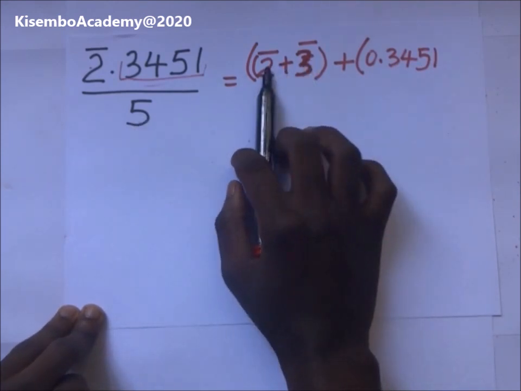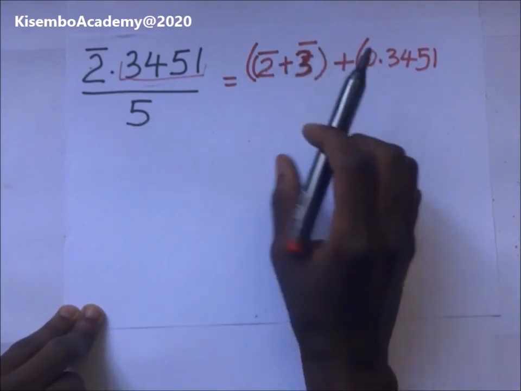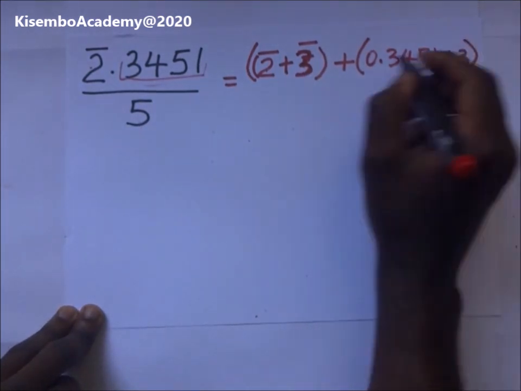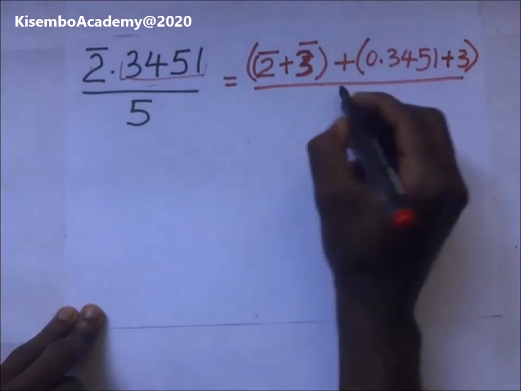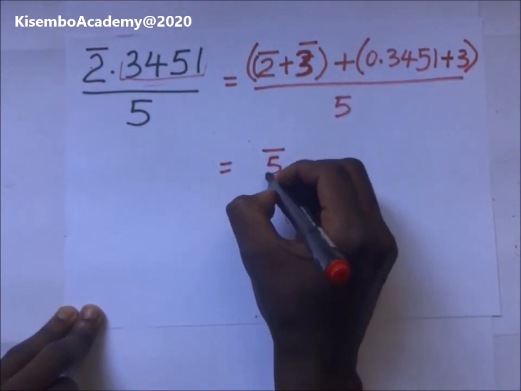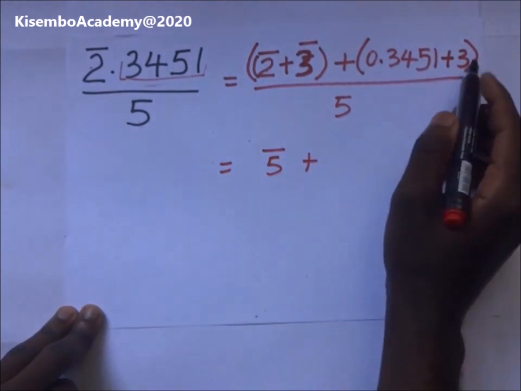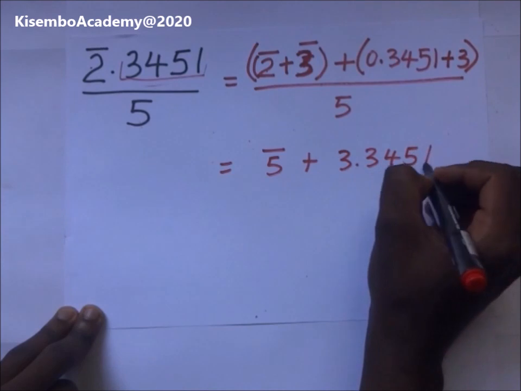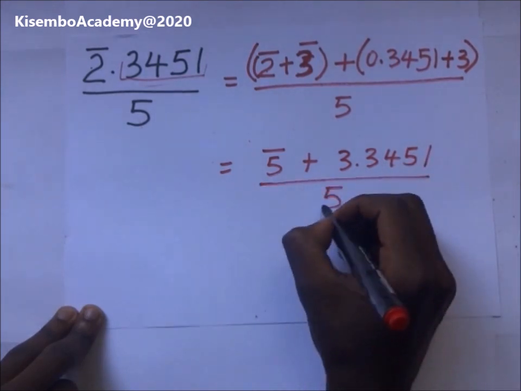So since we added 3 here, we are supposed to also add 3 right there. Divide that by 5. So we shall end up with 3 plus 2, which is 5 bar, plus this, which gives us 3.3451. Divide that by 5.